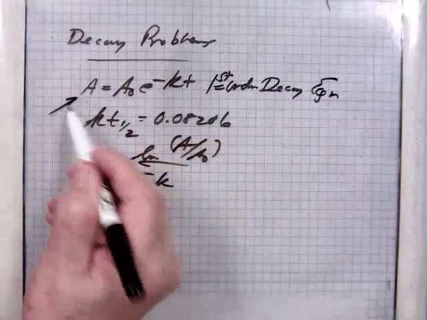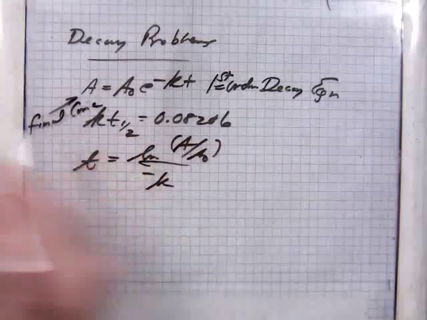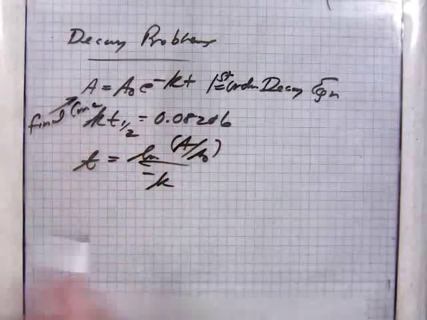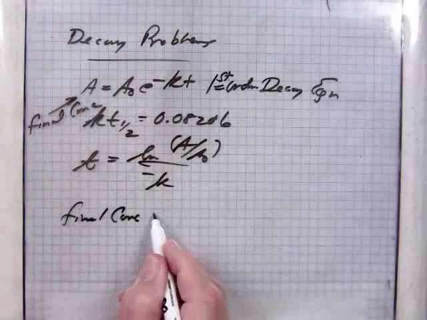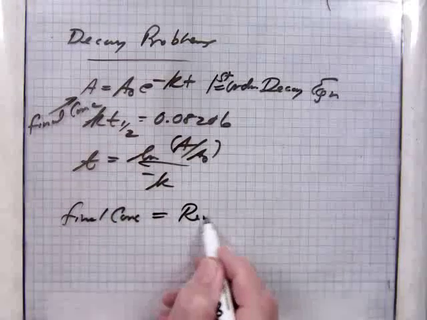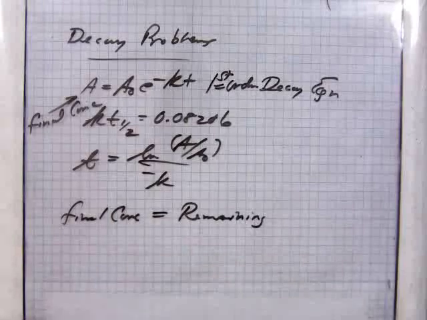A here is the final concentration. That means how much remains, not how much has been consumed.